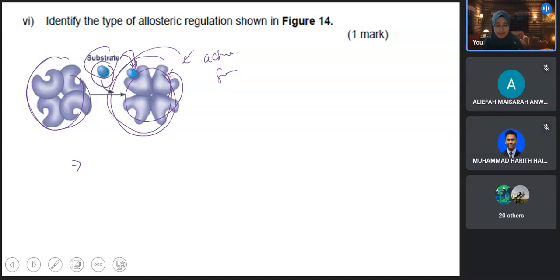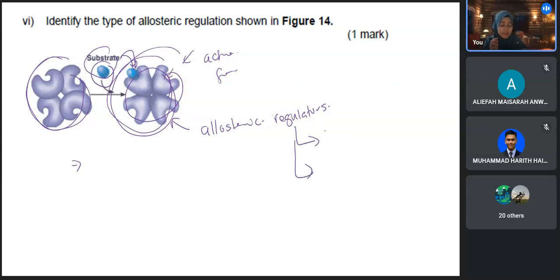Kalau kita tengok dalam nota awak, you have to know on cooperativity satu. Satu lagi, activation of the enzyme or inhibition of the enzyme in the presence of allosteric inhibitors. Okay, kita panggil allosteric regulators. Allosteric regulators ni ada 2, inhibitor, lagi satu activator.